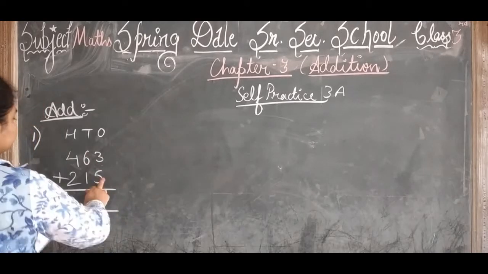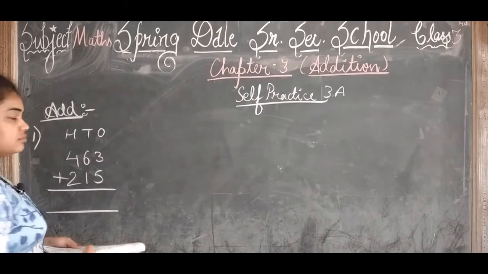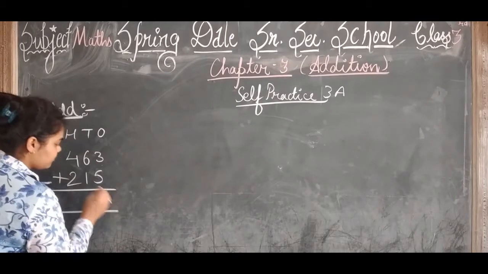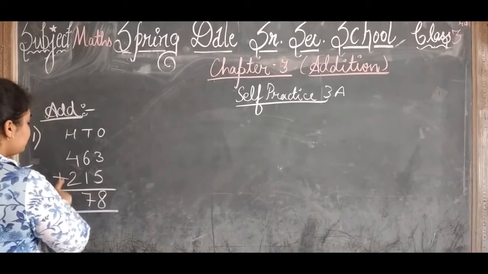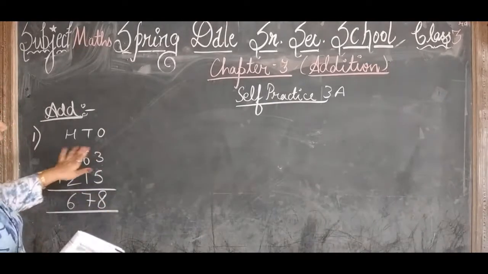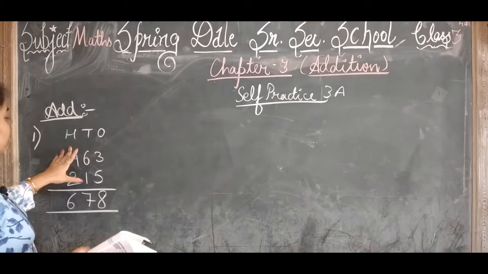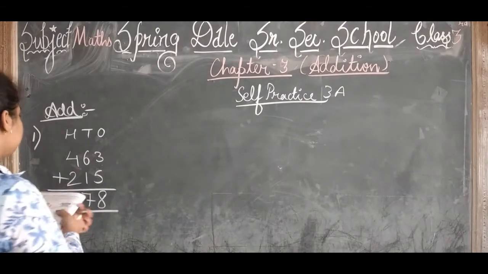How we will add? 5 plus 3, what will come? 8. 6 plus 1, 7. 4 plus 2, 6. हमने इसमें कैरी ओवर लिया है? नो, हमने इसमें एक भी कैरी ओवर नहीं लिया है. This is the sign of addition. किसका साइन है ये? एडिशन का साइन है.